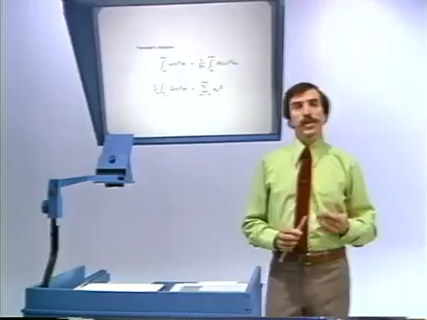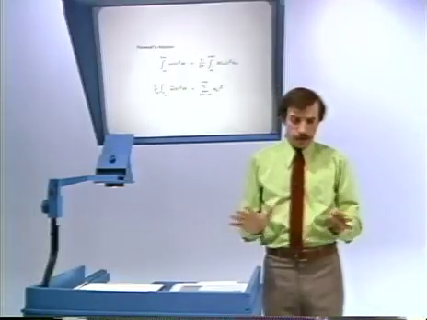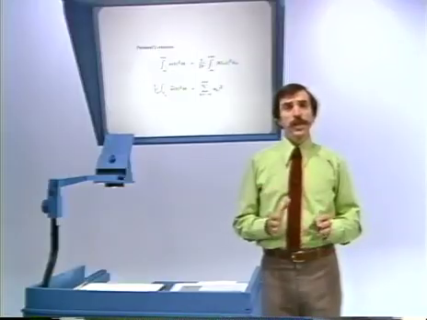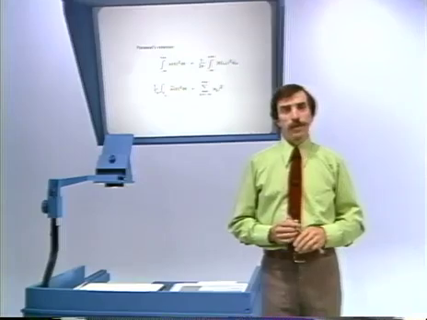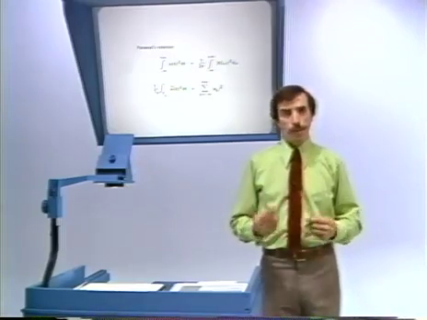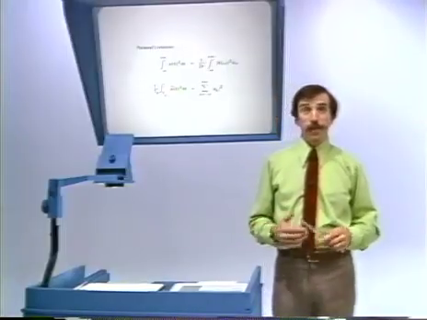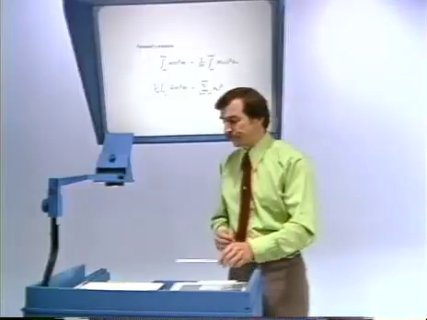And essentially what Parseval's relationship says, as kind of a summary, is that the energy in a time function and the energy in its Fourier transform are proportional, the proportionality factor being a factor of 2 pi. Well, that's summarized here.